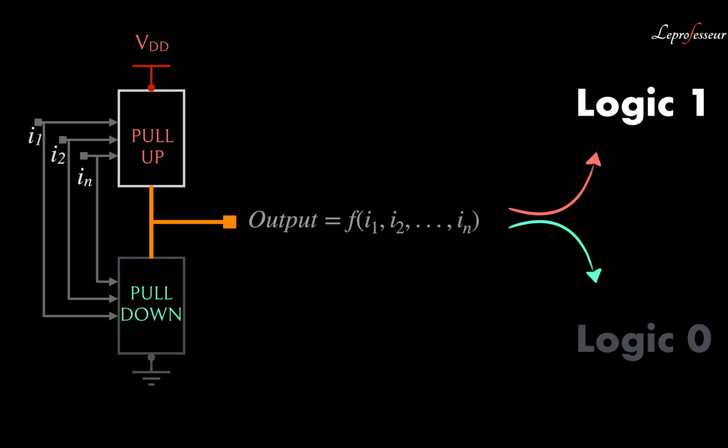And then these two networks can be connected together to produce the desired output. That's good. Now, let's review it. The pull-up network's job is to pull the output to logic level 1, and the pull-down network's job is to pull the output to logic level 0. Good. So the basic concept is clear here.